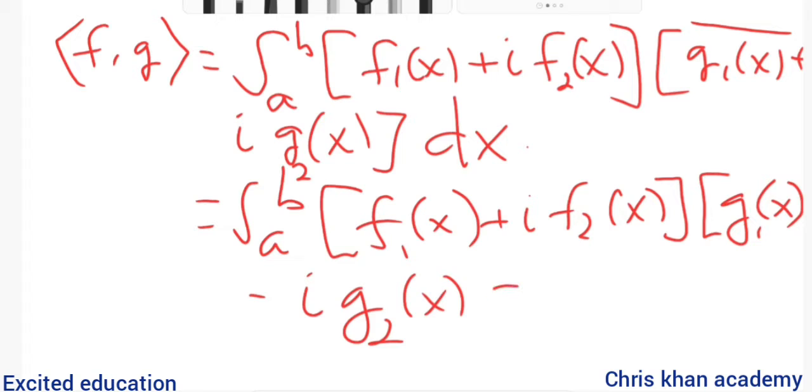The reason we put a minus there is that g1(x) plus i g2(x) is conjugated. If we conjugate it, instead of plus we write g1(x) minus i g2(x), because conjugation transforms the plus into minus, dx.